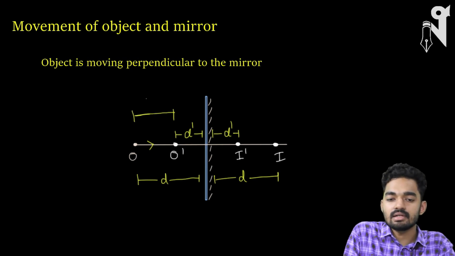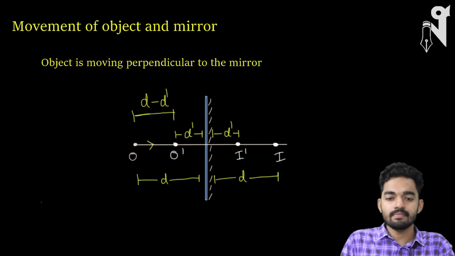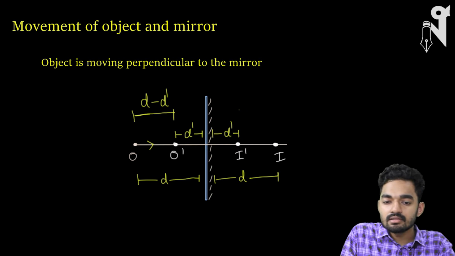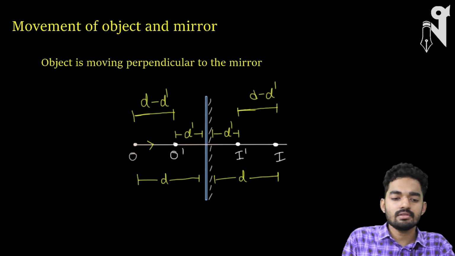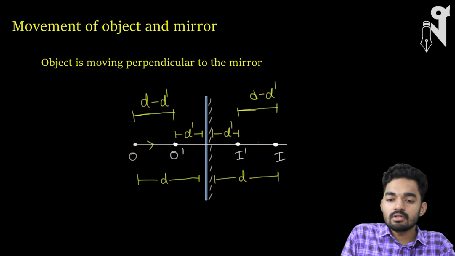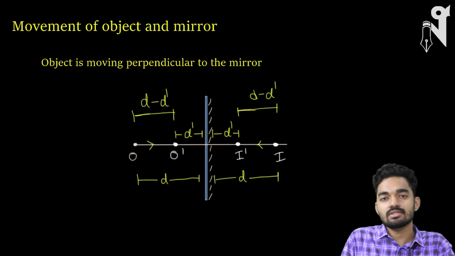And that is nothing but d minus d dash. Similarly, the image moved by this amount, and that is also equal to d minus d dash, right? So the image got displaced in this direction by an amount which is d minus d dash.